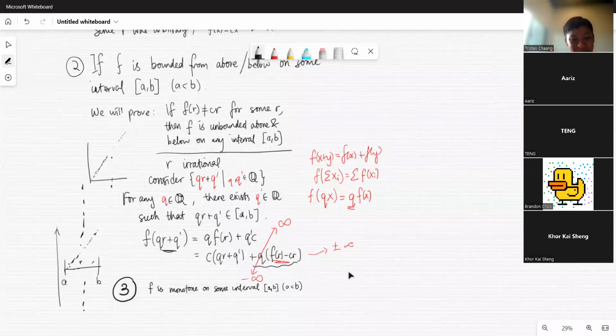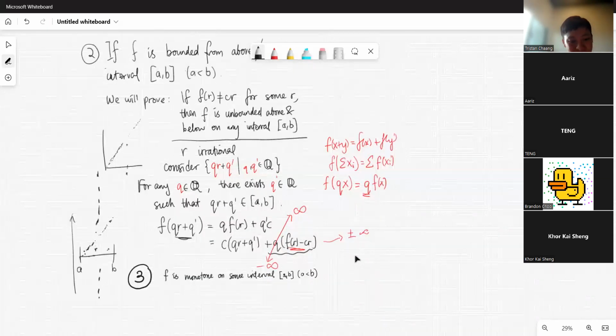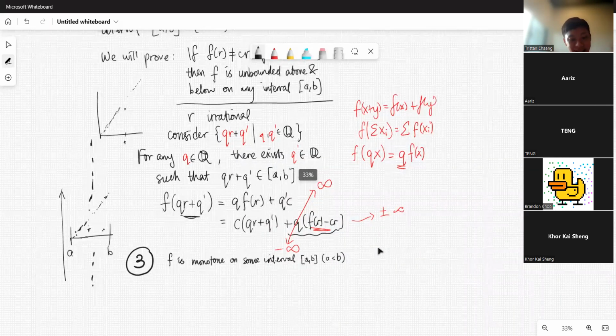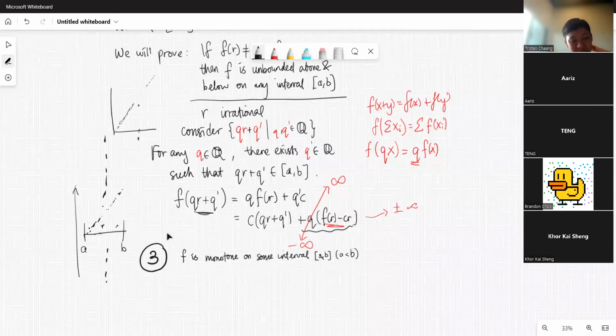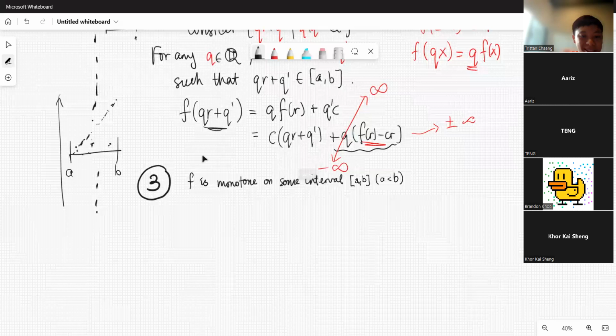Yes, so you have A and B, you want this function to be monotone. Let's say it's increasing, that means it's bounded from below by FA. If it's decreasing, it is bounded from above by FA. So either way, there is some upper bound or lower bound. So we just come back to the second case. So this is obvious from 2.